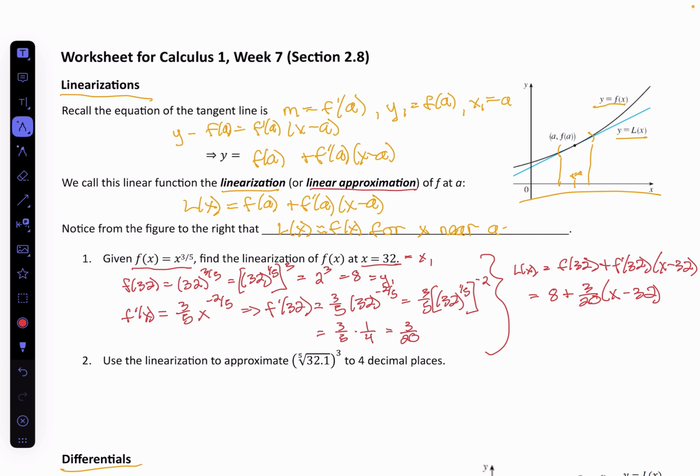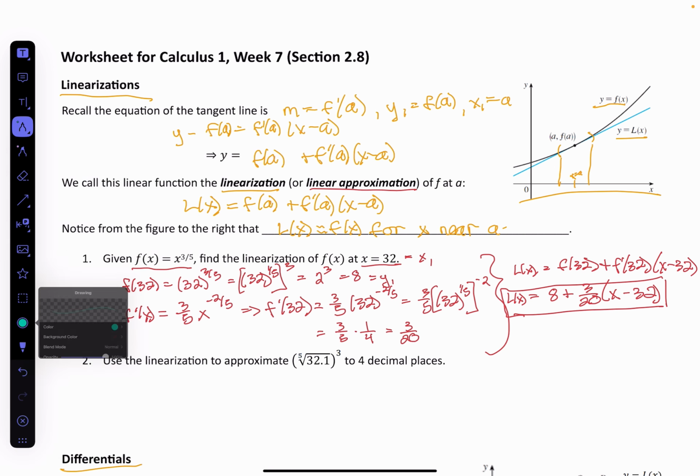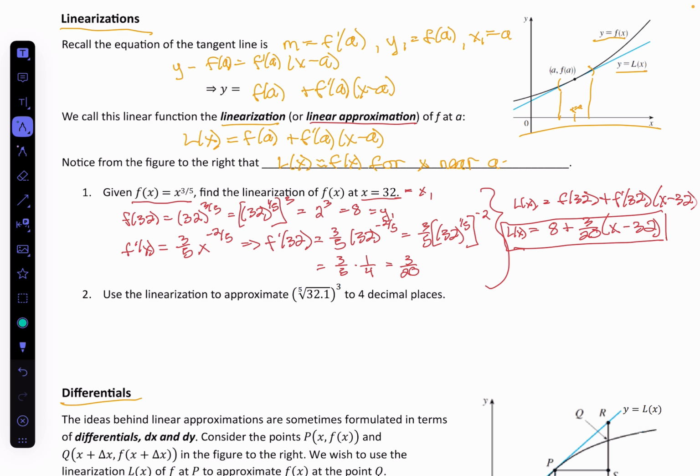We could rearrange this if we wanted to, but we don't have to, and sometimes it's actually easier to evaluate x values near 32 if we keep it in this form. So this would be our final answer for number 1: L of x is equal to 8 plus 3/20 times the quantity x minus 32.